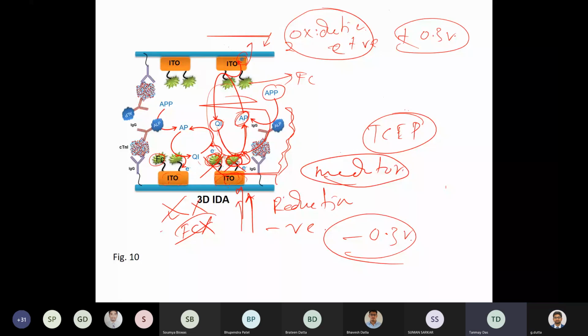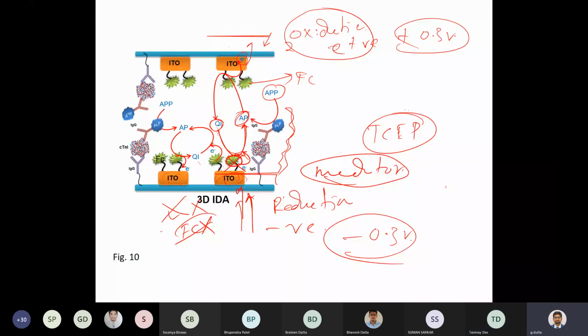So on the left hand side, how is this bottom plate accepting the electron? Yes, sir, just beside that FC part, on the right side of that FC, it is accepting electrons from that quinonimine.